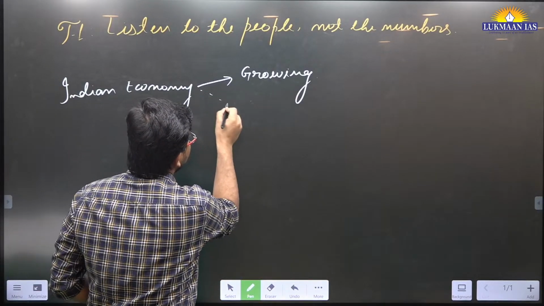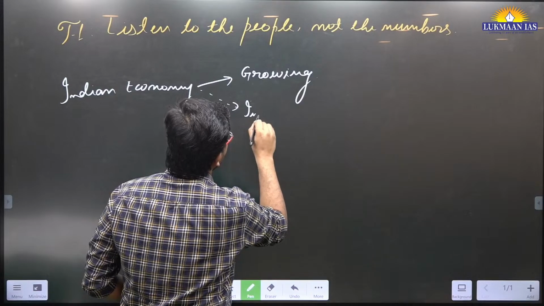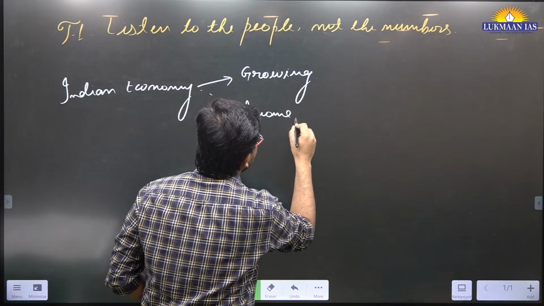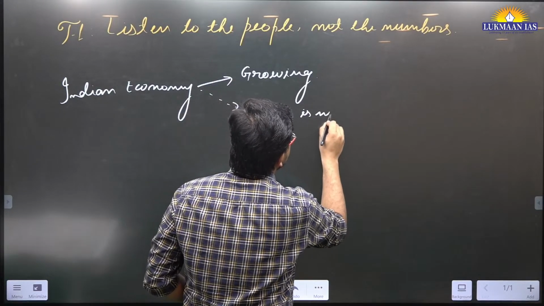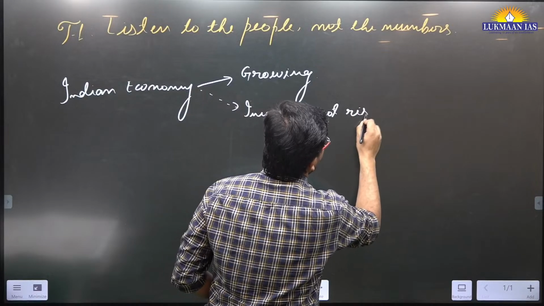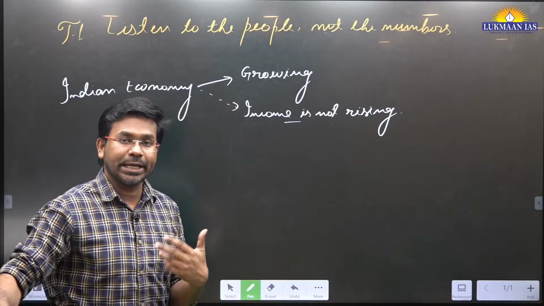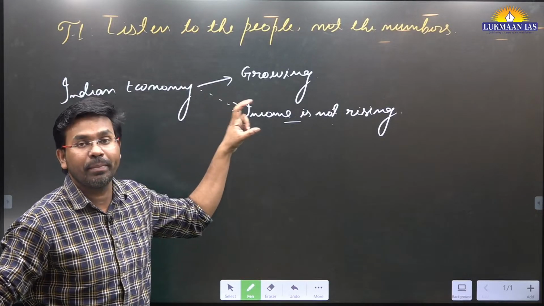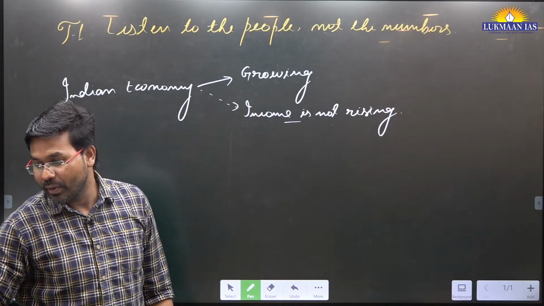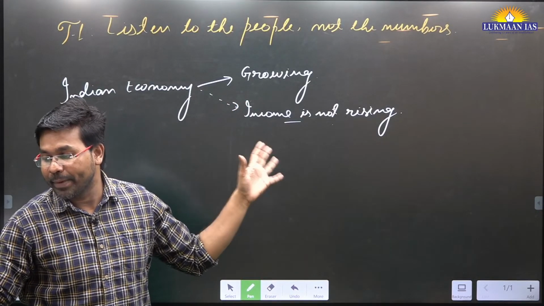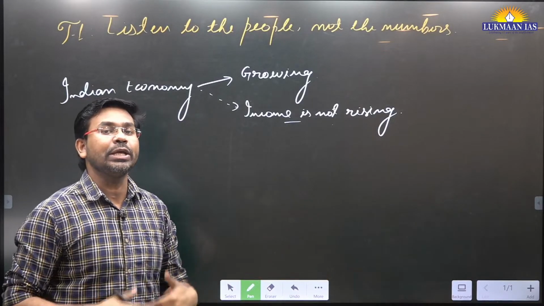The problem is that the income of people is not rising, and it is not able to match the expectation of people. This is where the problem lies in the Indian economy. Here the author compares the Indian economy with the US economy.